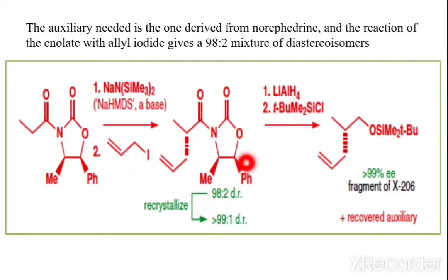In the next step there is the removal of these chiral auxiliaries. We know that when you use lithium aluminum hydride, at that time there is a removal of the chiral auxiliaries, and simultaneously there is a reduction of this functionality, the C=O, and it will be converted into alcohol here.